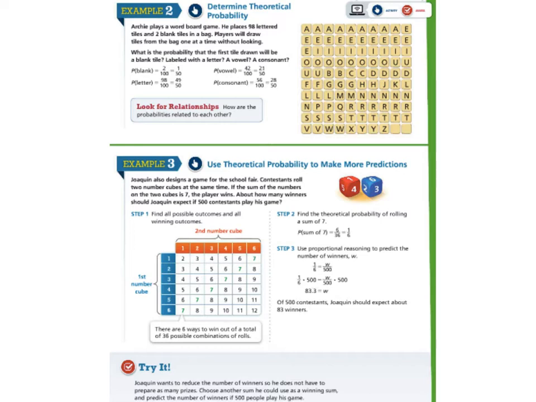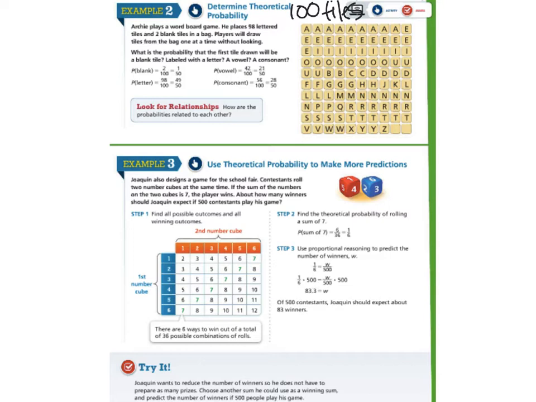Recall that the problem said he placed 98 lettered tiles and 2 blank tiles in the bag. That means that there are 100 tiles altogether. So the probability that the first tile drawn will be blank is 2 out of 100, or 1 out of 50.